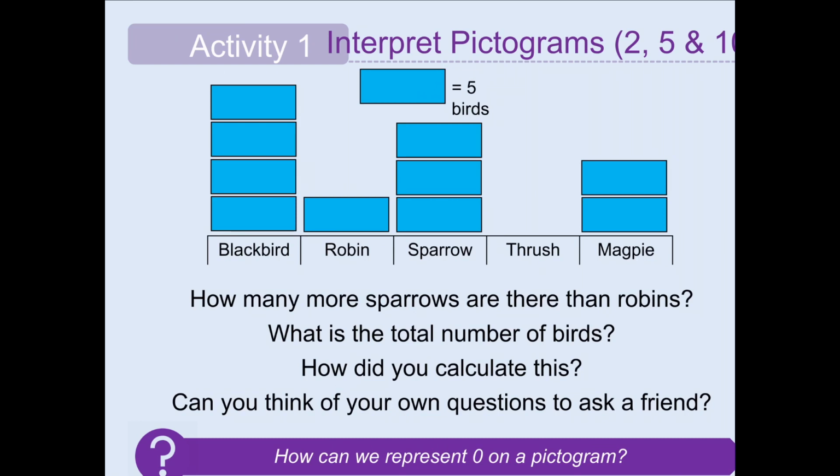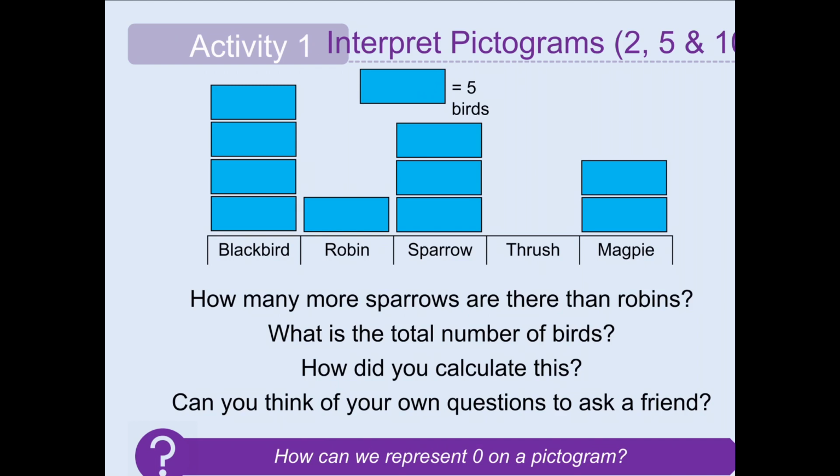The next question says, what is the total number of birds? And to do this, you've guessed it, you have to count in 5s all the blocks that are on this pictogram. Let's start by counting the blackbirds and then working our way to the right. Are you ready?